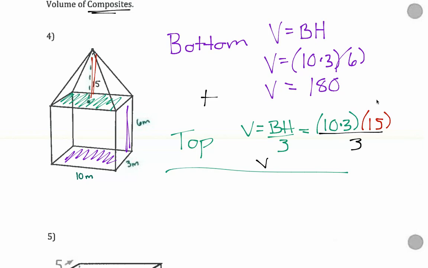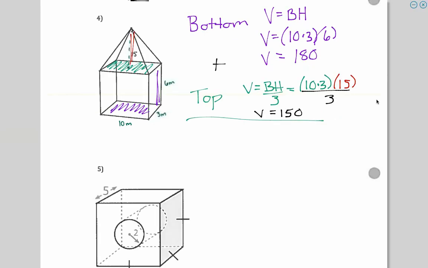Divided by 3. So that's going to be 150. So the total is going to be 180 plus 150, which is 330.